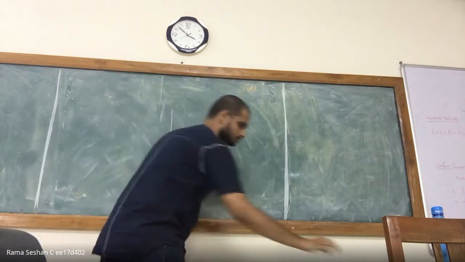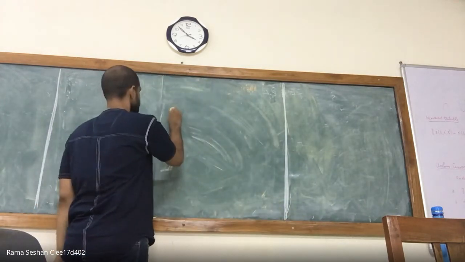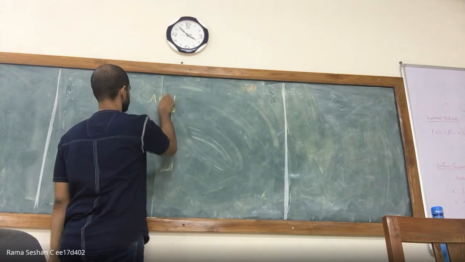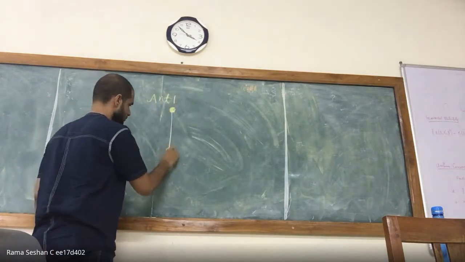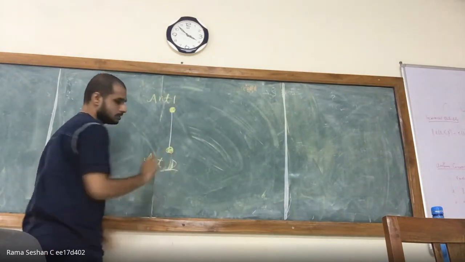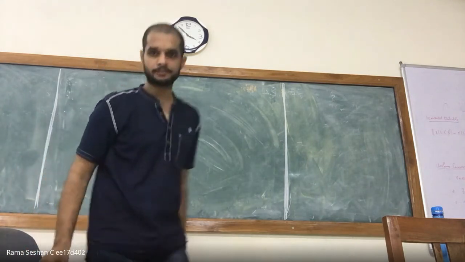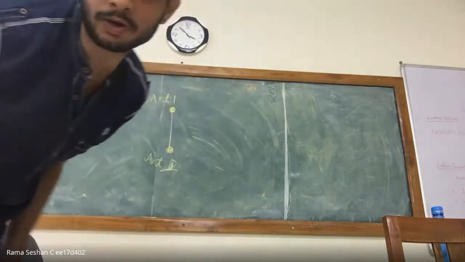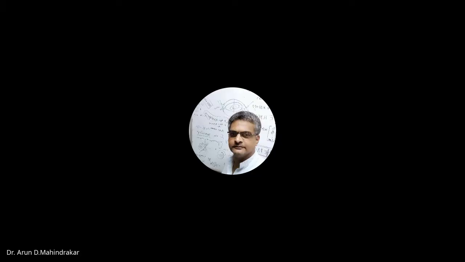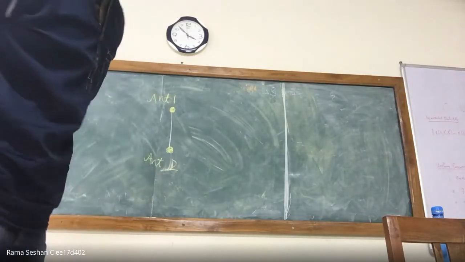This is ant 1, this is ant 2, okay? Can you see what I am drawing? It is visible.